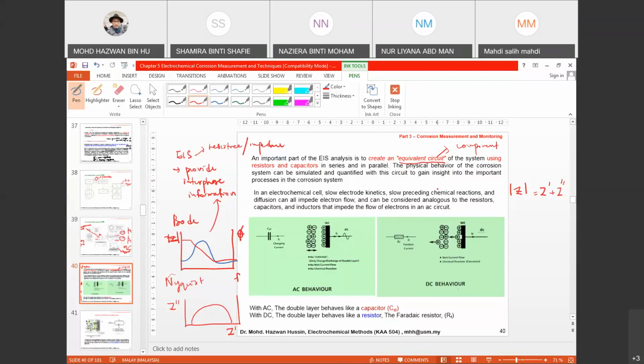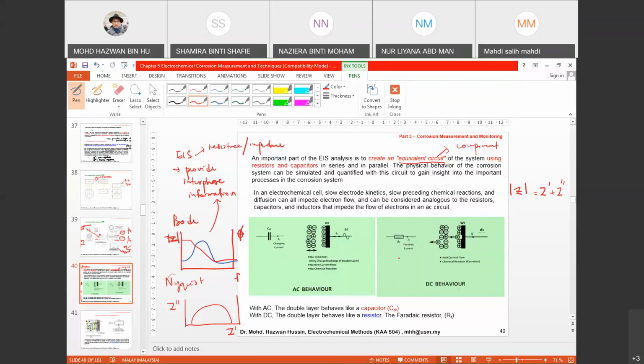In an electrochemical cell, slow electrokinetics, slow-proceeding chemical reactions and diffusion can all impede the electron flow, and can be considered analogs to the resistors, capacitors and inductors that impede the flow of electrons in an AC circuit.